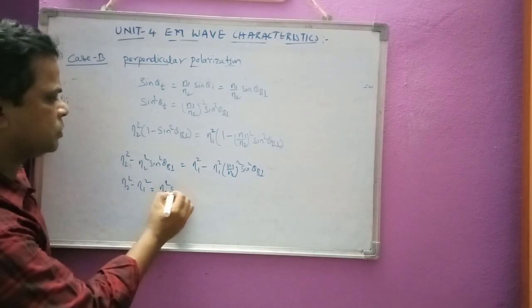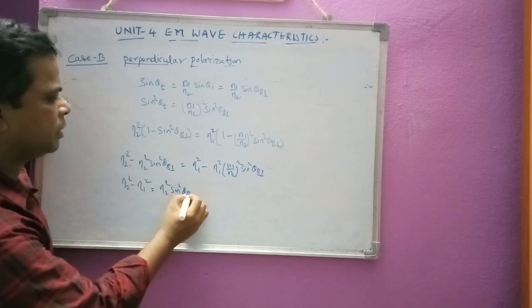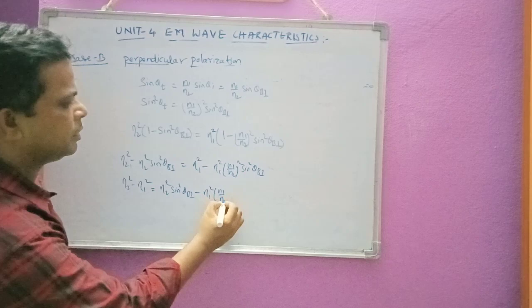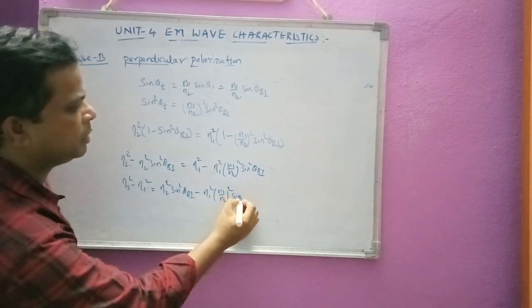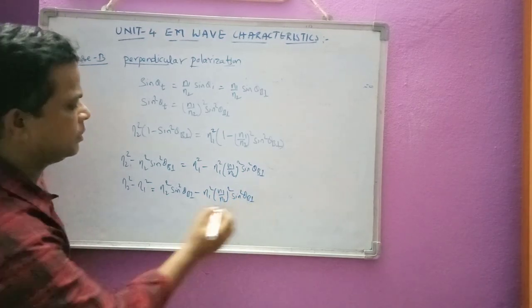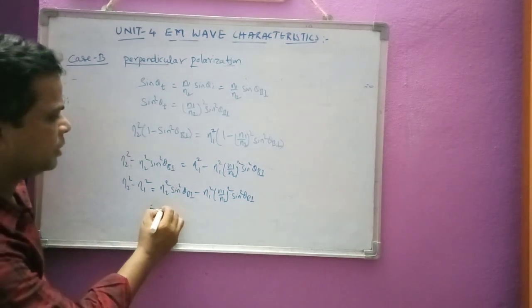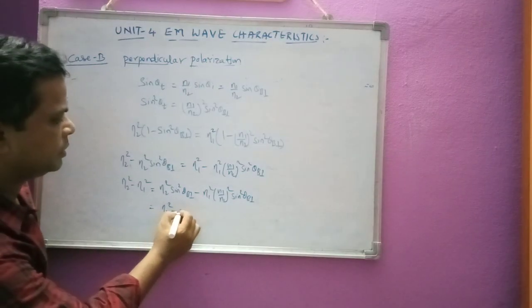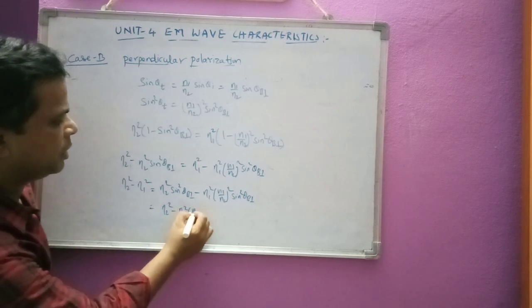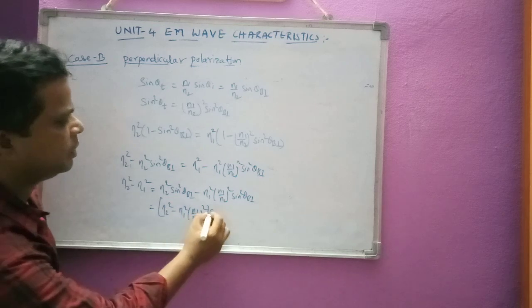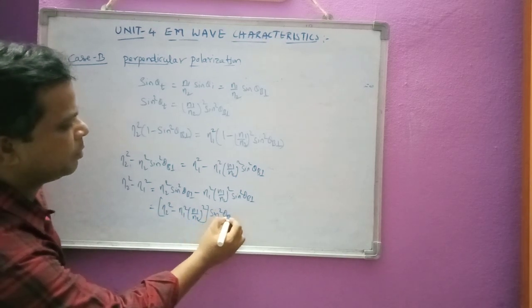Eta 2 square sin square theta b perpendicular minus eta 1 square into (n1 by n2) whole square into sin square theta b perpendicular. Now I have to take the common here: eta 2 square minus eta 1 square into (n1 by n2) whole square into sin square theta b perpendicular.